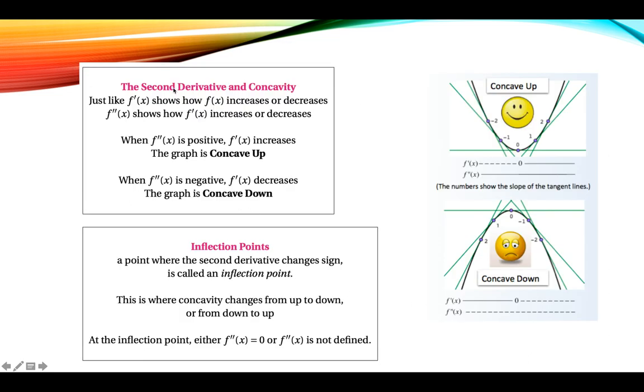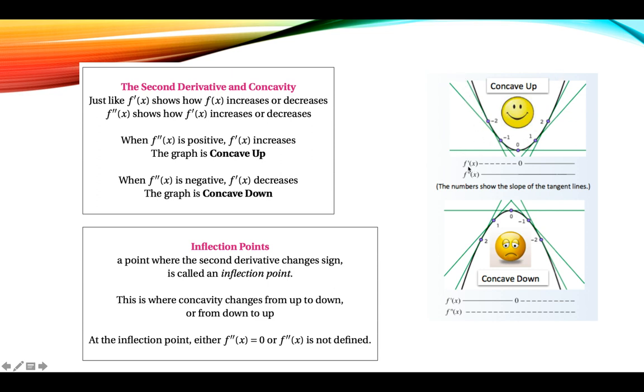Okay, the second derivative and concavity. Just like f prime of x shows how f increases or decreases, f double prime of x shows how f prime increases or decreases. When f double prime is positive, the f prime increases. The graph is concave up. It's smiling at us.